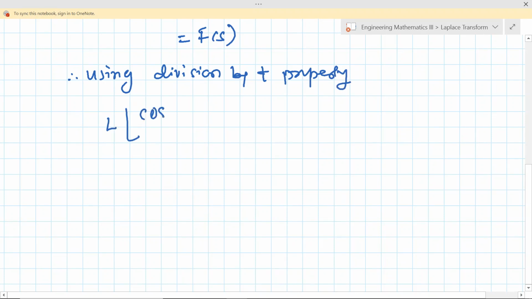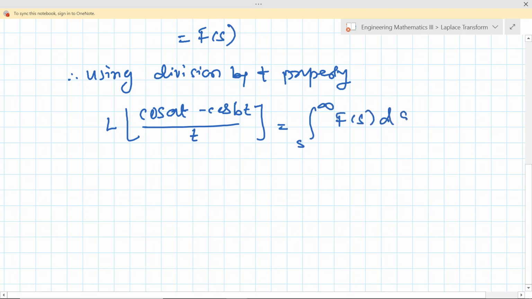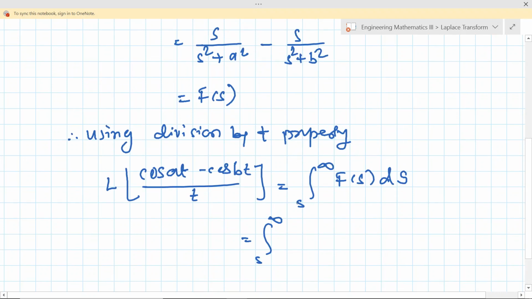Laplace of cos at minus cos of bt divided by t is equal to integration from s to infinity of f of s ds. And this is equal to integration from s to infinity. What is f of s? That we have from the previous. It is s divided by s square plus a square minus s upon s square plus b square ds.